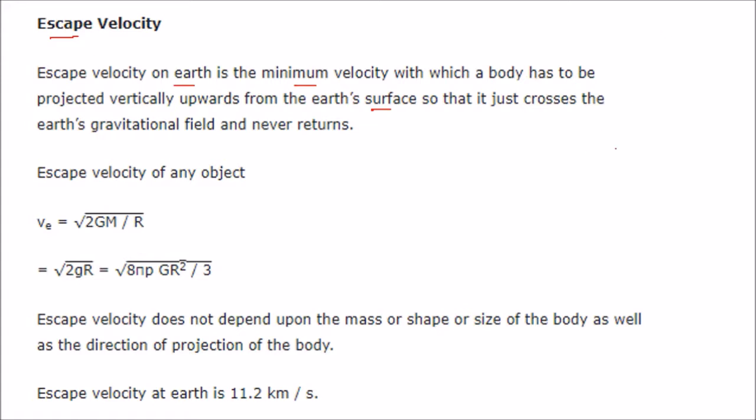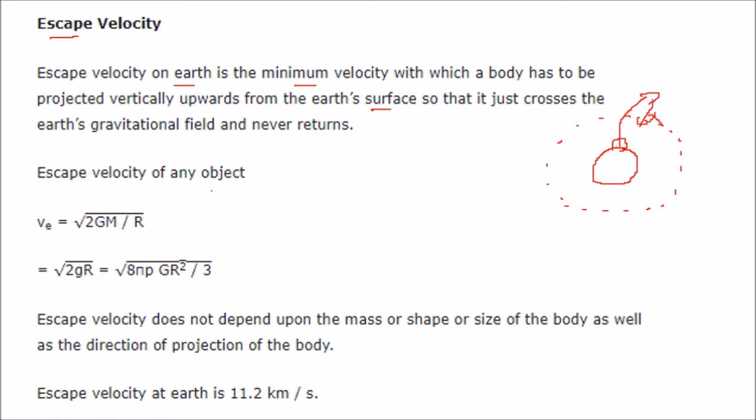This means that Earth is here, say it has some gravitational field. Now with what minimum velocity, least velocity, a body has to be projected vertically upwards so it crosses this gravitational field and never returns back.